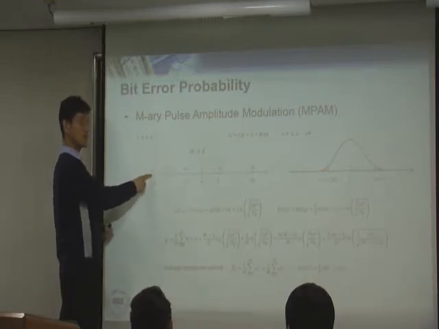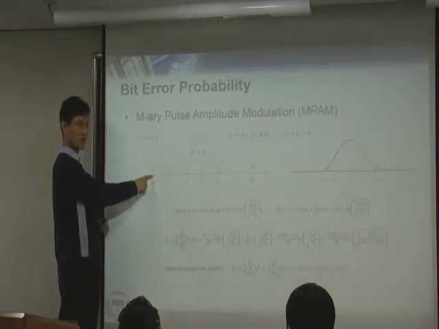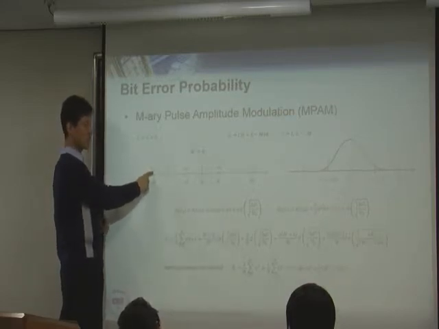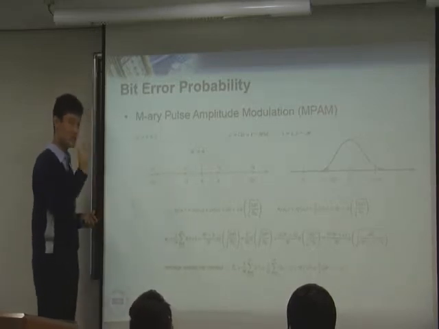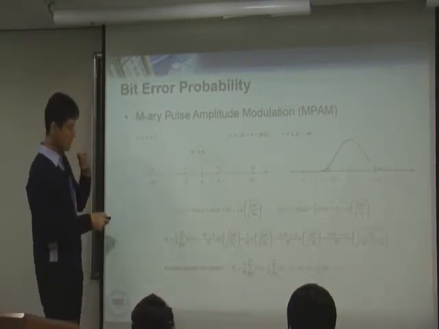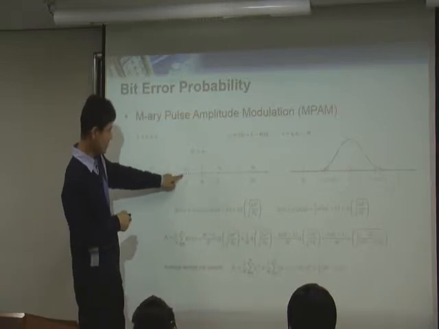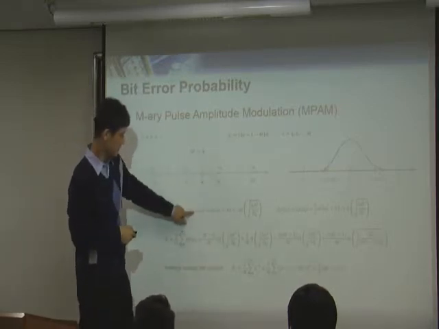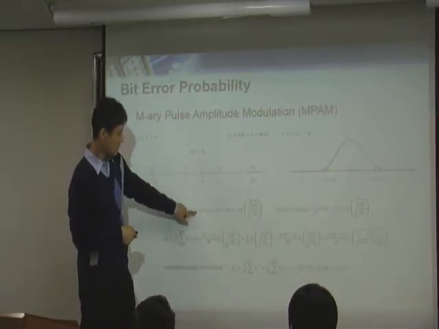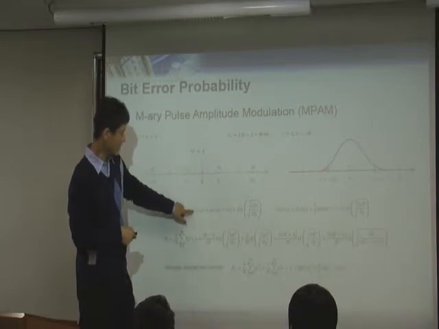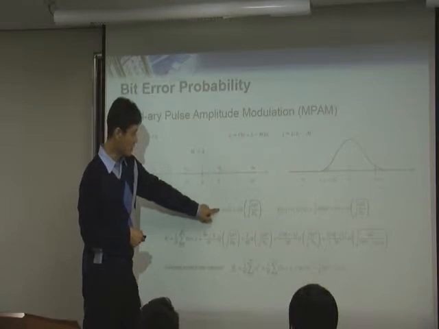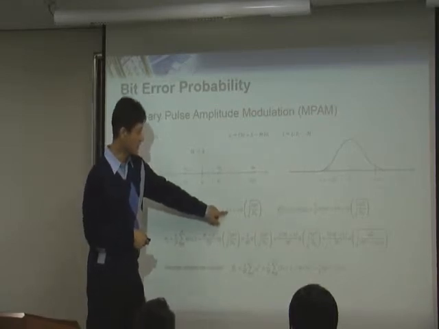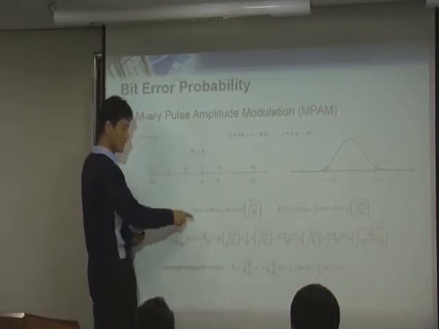But now let's think about S1. We transmitted S1. When you transmit S1, there is only one error case, right? Because that can be received as S2. That's an error. That's the only one. So therefore, if you think about the error probability of S2 and S3, the probability that we have an error for these two symbols is the probability that noise amplitude is higher than D. Why is it higher than D?